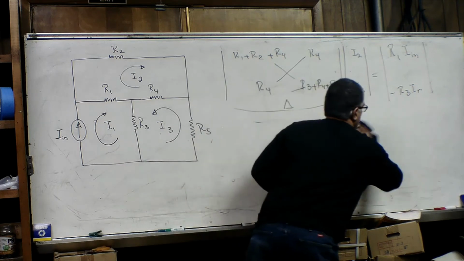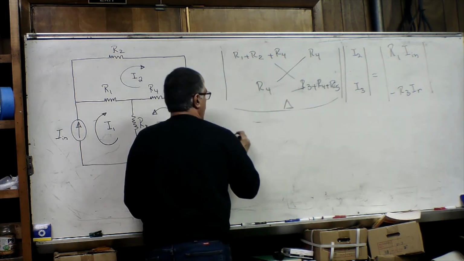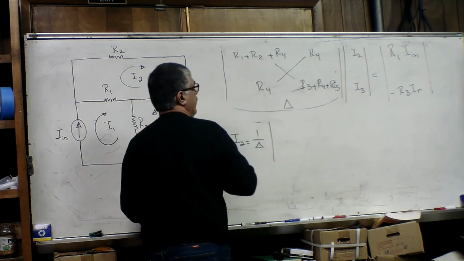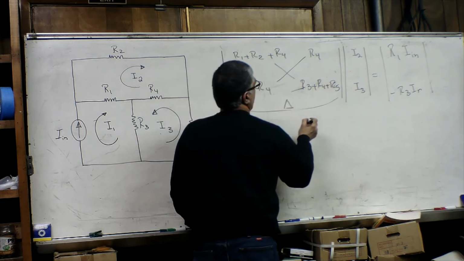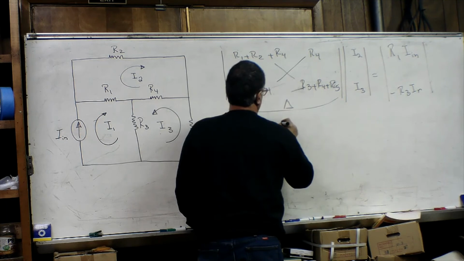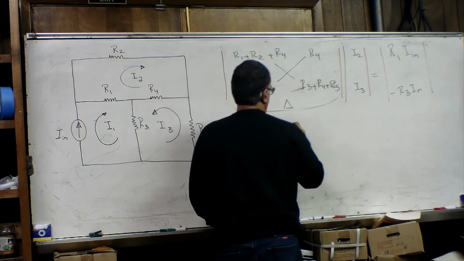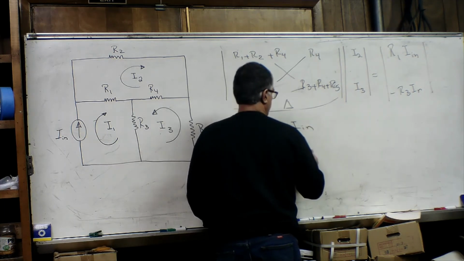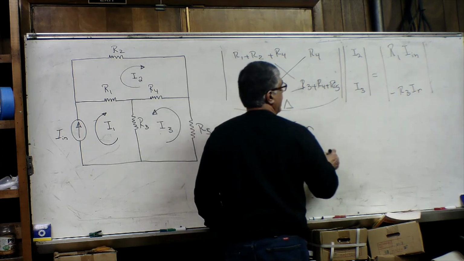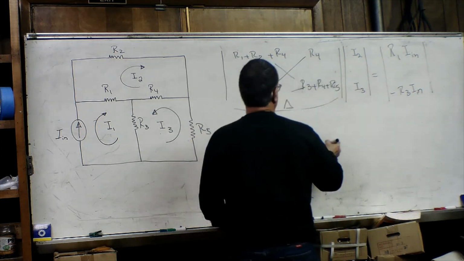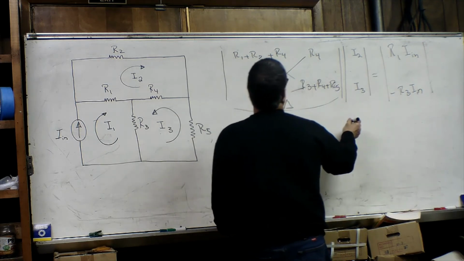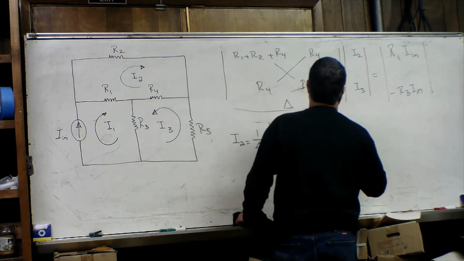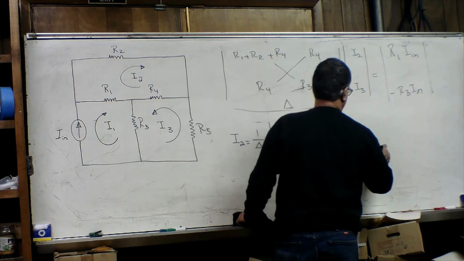So I2 will be equal to 1 over delta multiplied by R1 I in minus R3 I in, and R4, R3 plus R4 plus R5.